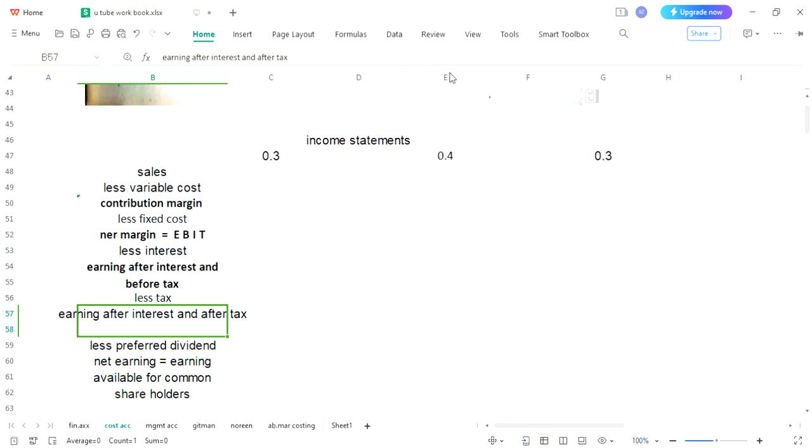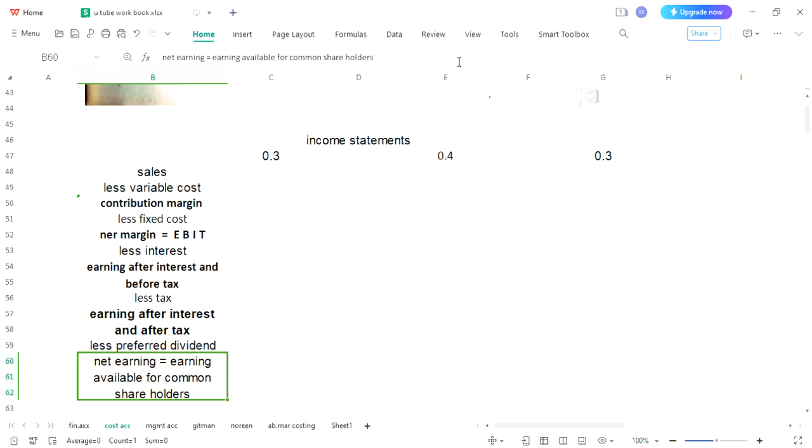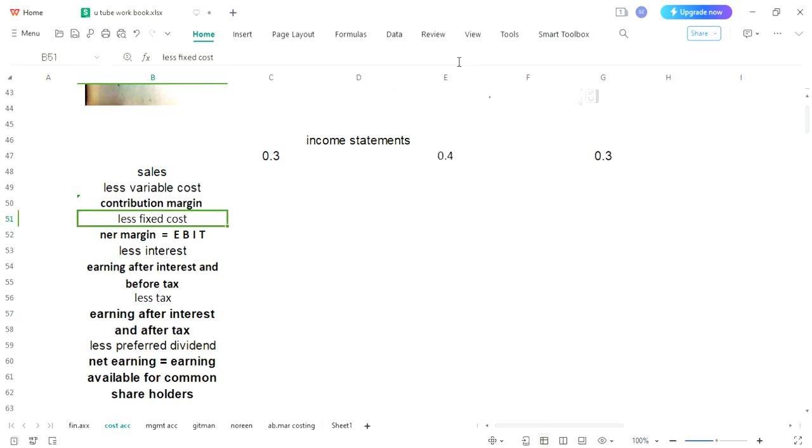The setting in front of you will also help you prepare your values. So this is your heading, then less preferred dividend, and the last heading, which is net earning. So kindly note it down. In this way we will complete our income statement.